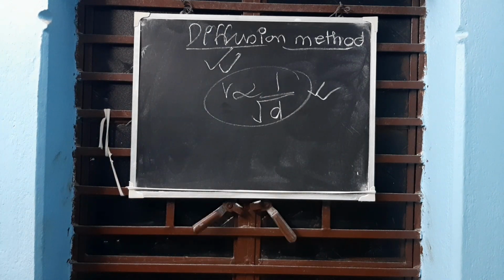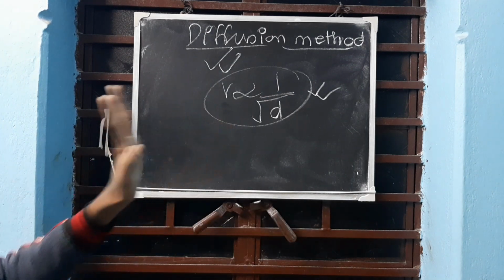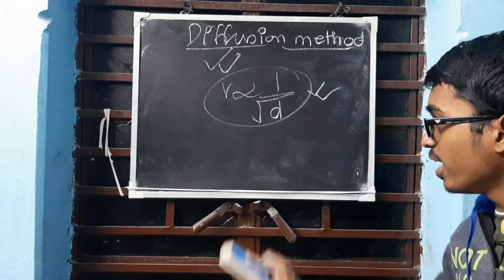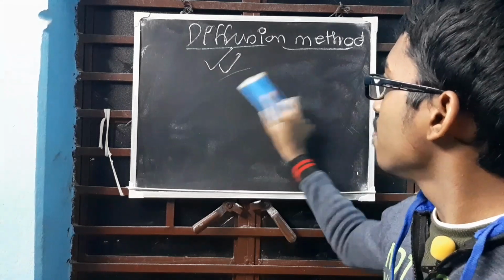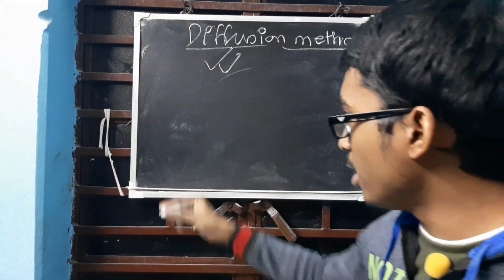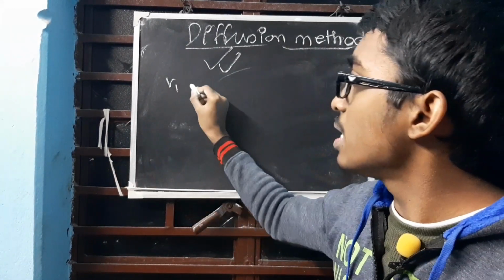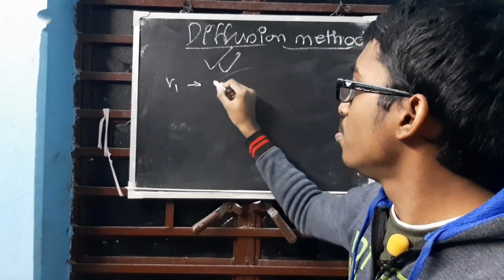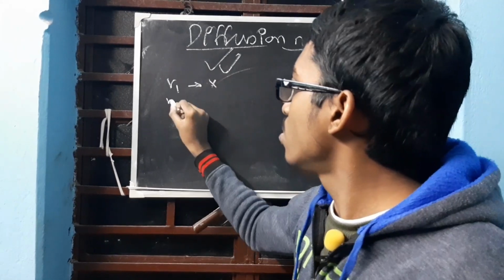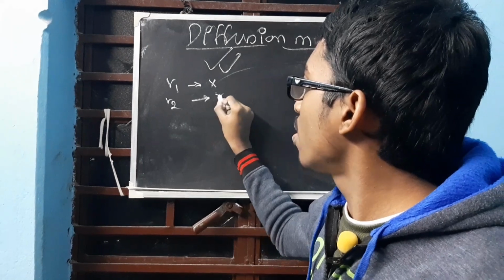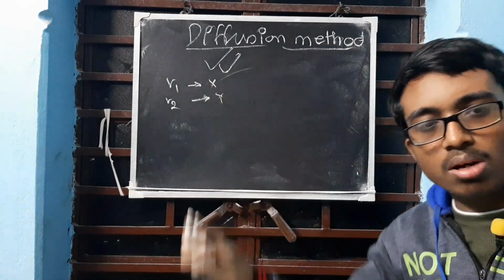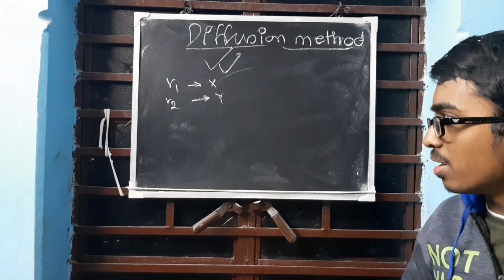Clear? Let us take R1 as the rate of diffusion of gas X, R2 as the rate of diffusion of gas Y. You have Graham's law of diffusion in the later part, states of matter.